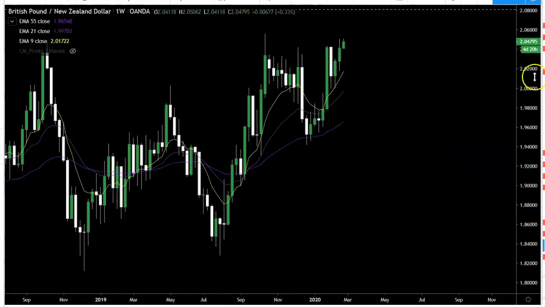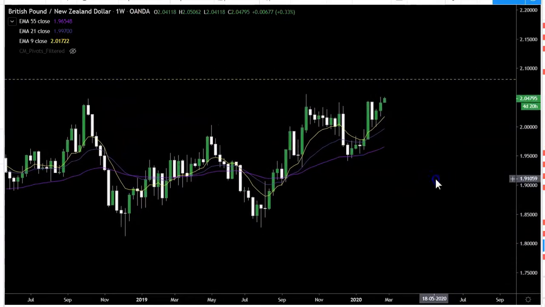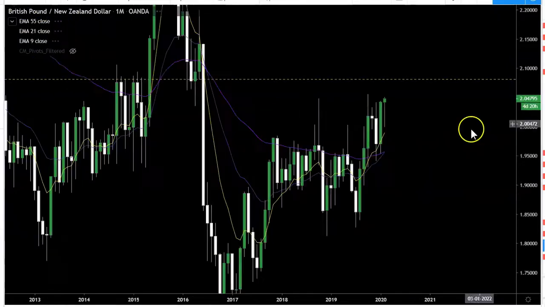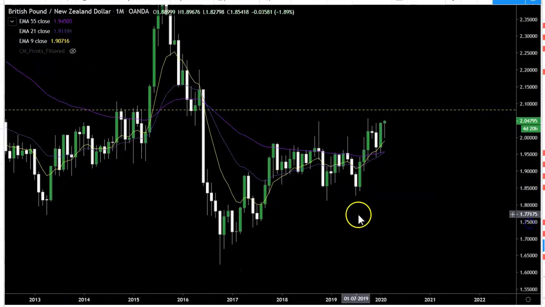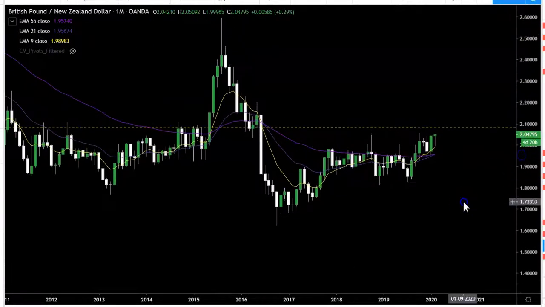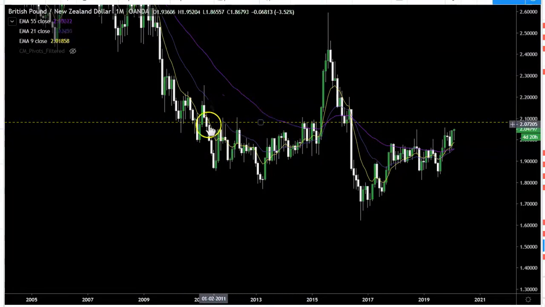Pound NZD, again very similar to other pound pairs like the Pound AUD and Pound CAD. If we just scrunch this up a bit, you can see that this area here is a key inflection point. Okay, I'm looking at the monthly, and I know we've got a number of pips here, but be wary around this.